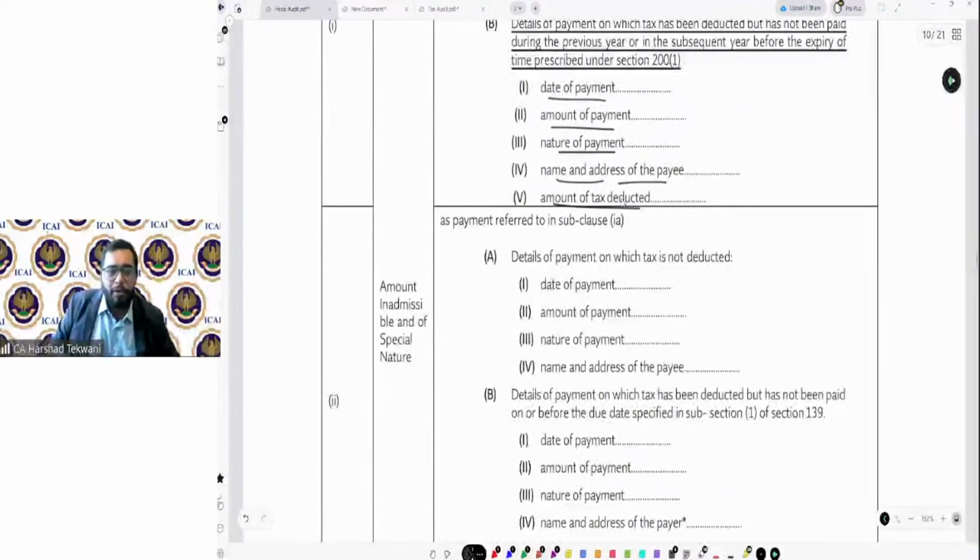Then this was subclause 1 of 40A. Then you have subclause 1A of 40A. That is, if any amount has been incurred, that amount will be inadmissible to the extent of 30% if it is payable to a resident on which the tax has not been deducted. So 30% disallowance where TDS has not been deducted.